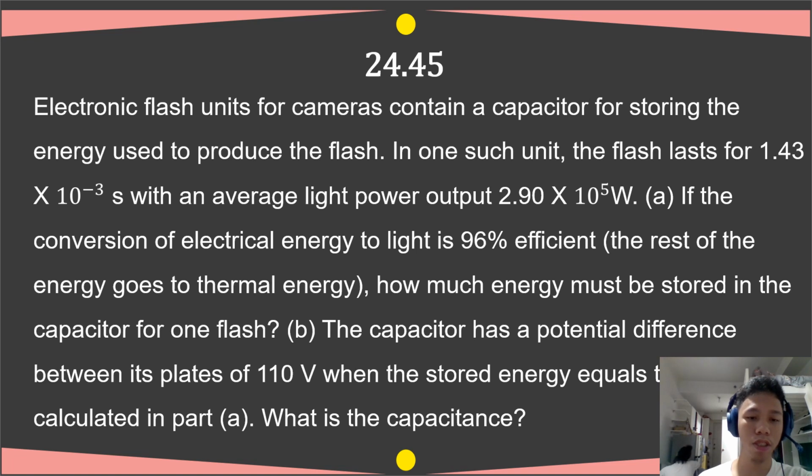If the conversion of electrical energy to light is 96% efficient, the rest of the energy goes to thermal energy. How much energy must be stored in the capacitor for one flash? Next problem. The capacitor has a potential difference between its plates of 110 volts. When the stored energy is equal to that calculated in part A, what is the capacitance?